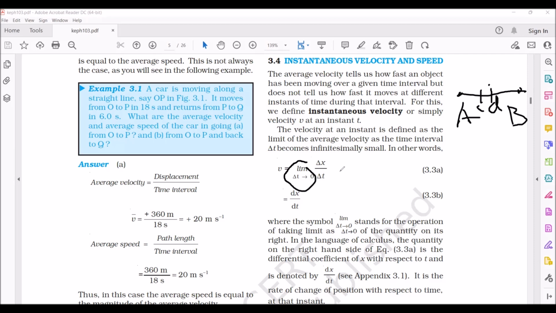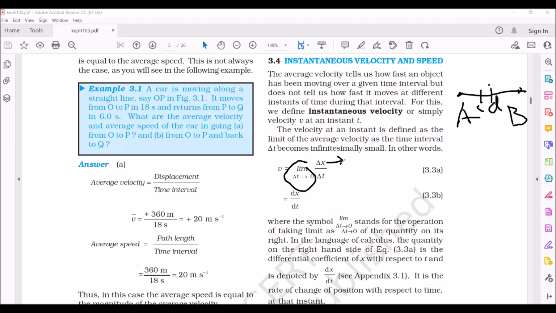So limit delta t tends to 0 means we are saying the time difference is almost 0. There is no change in the time. At that particular time, how fast the object is moving, from what position to another position, that can be given by instantaneous velocity.